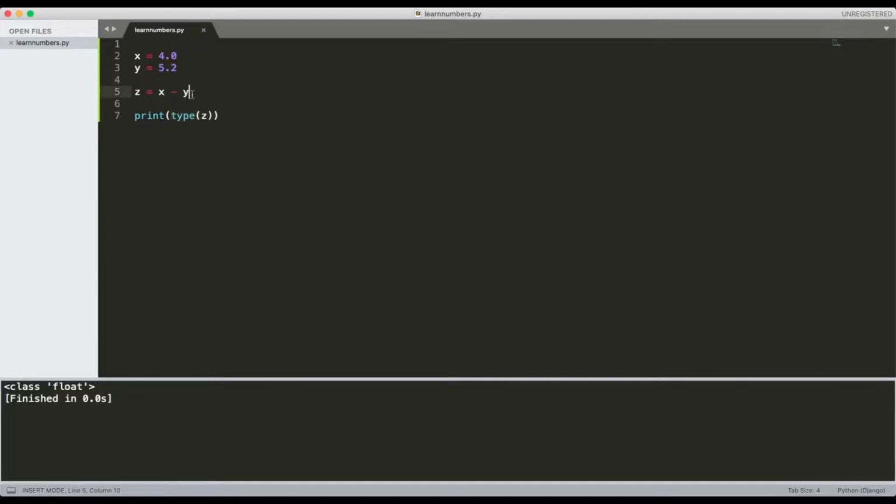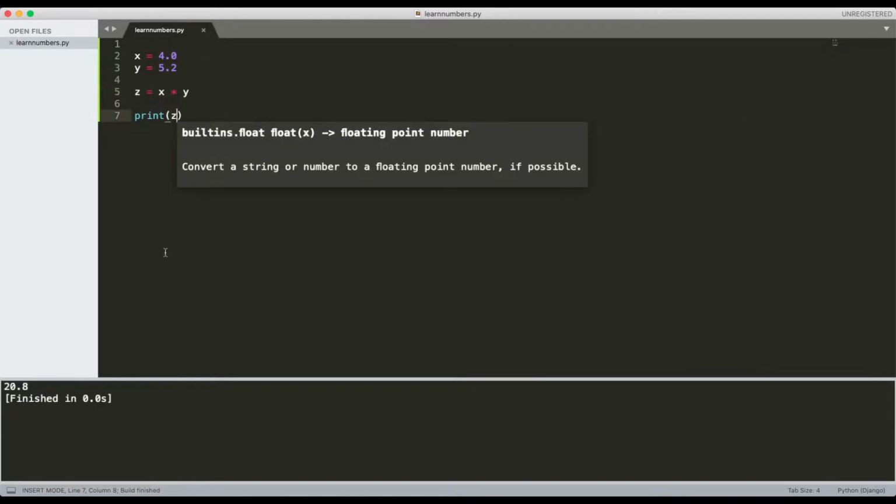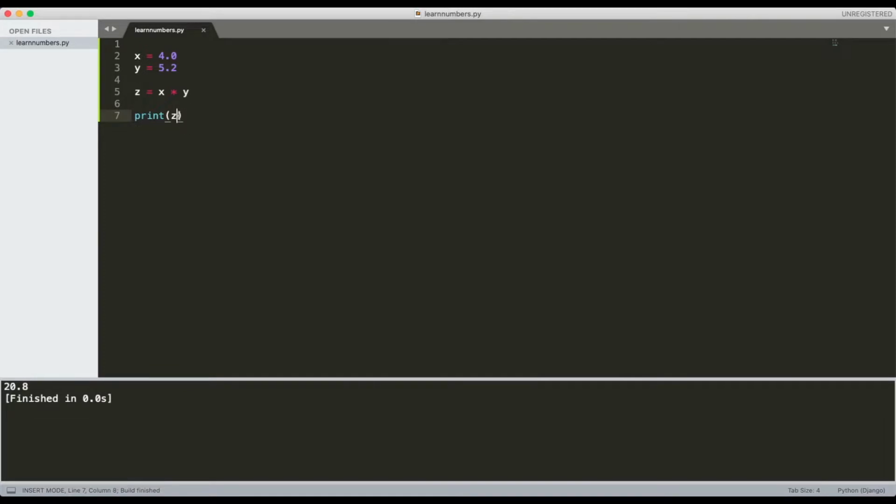Now, I'm just going to quickly show the different operations. This is multiplication. Whoops, that's not right. Multiplication. Let's see what z is. That seems to be right. There is a division. Let's just say this is 4, just to make it easier.